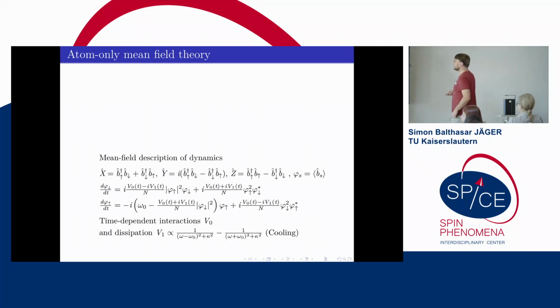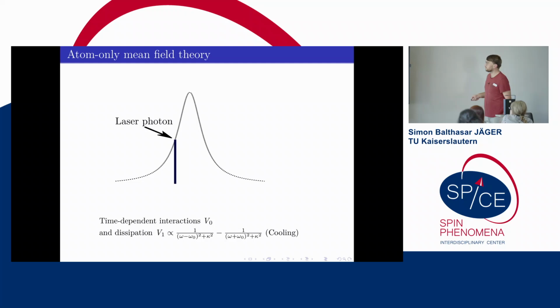Almost done actually. So just to explain a little bit what I mean by this. In fact, what we have is a cavity. So this is just the Lorentzian of the cavity. And if you would have just scattering of laser photons in there, there's a characteristic frequency of the laser photon, which is over there. But now this laser photon hits the atoms, and the atoms make a transition from spin down to spin up, or vice versa.